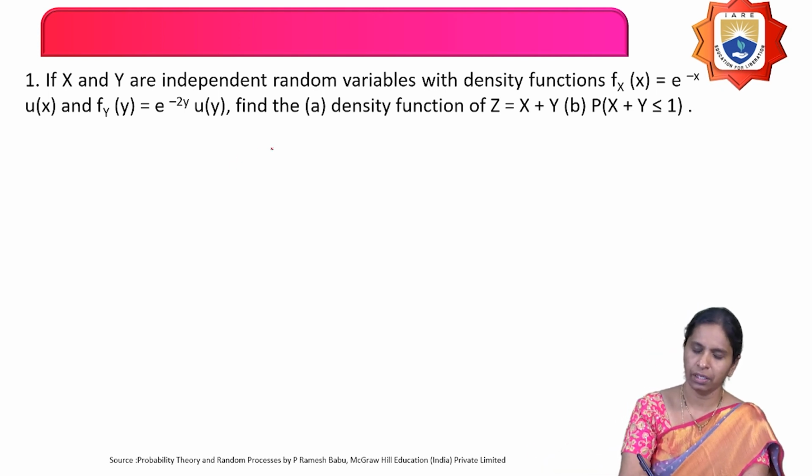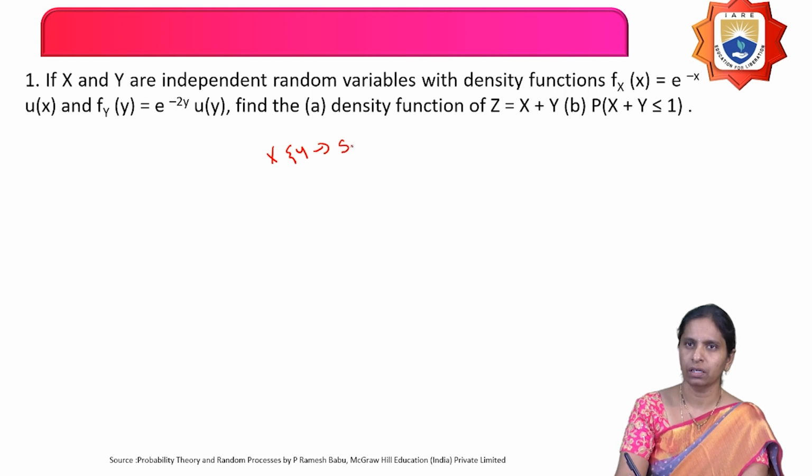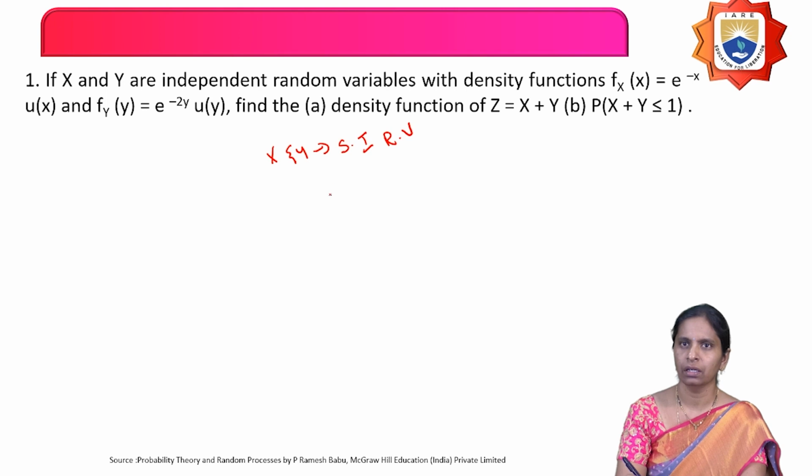For example, if X and Y are two statistically independent random variables, and we add these two random variables to get a new random variable Z, then the density function of the sum is equal to the convolution of the density functions of those two random variables.